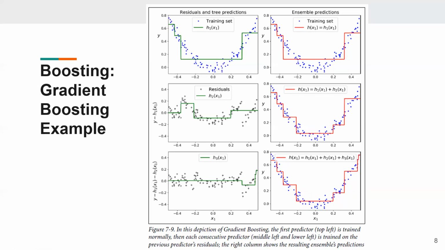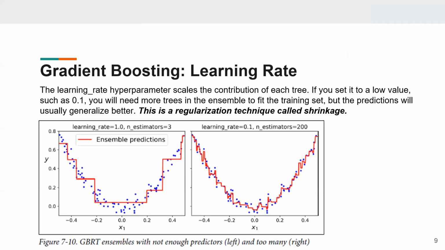Okay, this is called gradient boosting. And in gradient boosting, there's a hyperparameter called learning rate. What it does is scale the contribution of each tree.